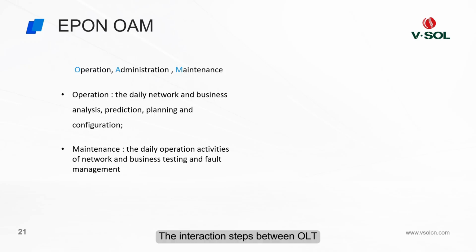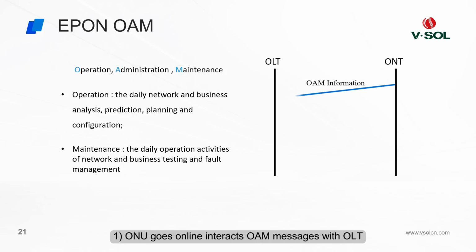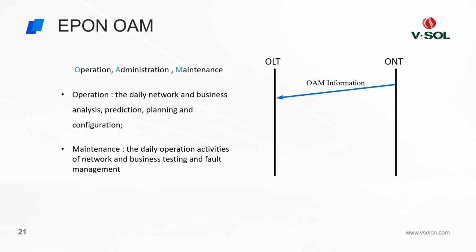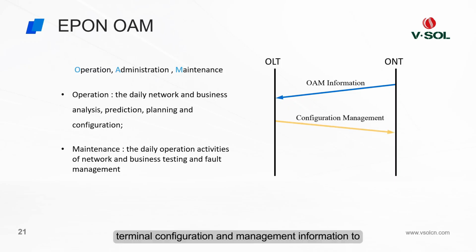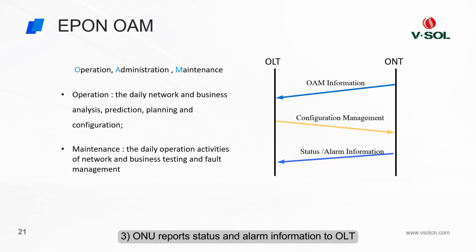The interaction steps between OLT and ONU are as follows. 1. ONU goes online, interacts OAM messages with OLT, and completes the registration process. 2. OLT sends terminal configuration and management information to ONU through OAM channel. 3. ONU reports status and alarm information to OLT through OAM channel.